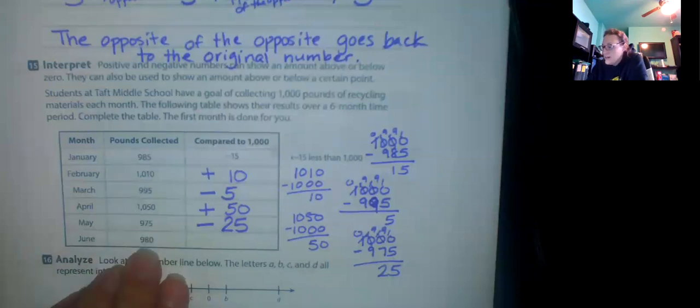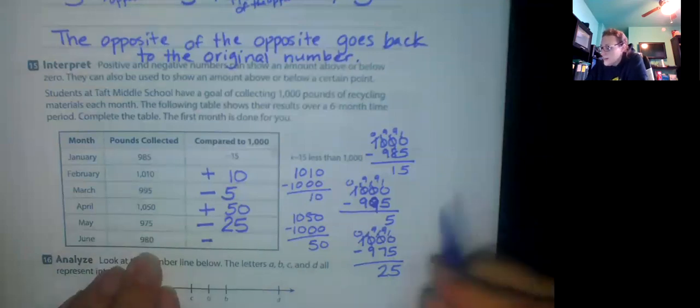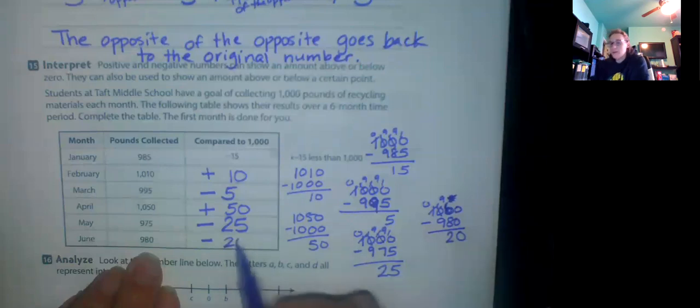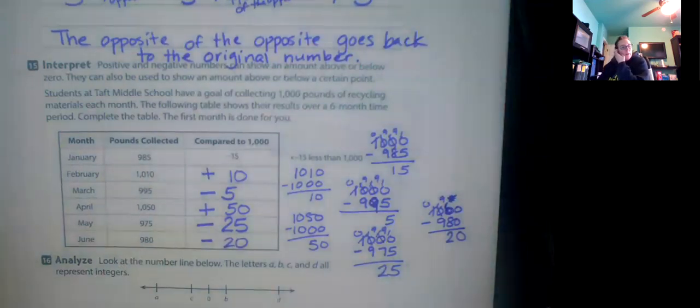And 980 is also less than 1,000. And again, if we subtract, oops, I didn't need to borrow that one. Oh, yes, I did, but I didn't need to borrow. It's just 10. All right, so negative 20. Okay.